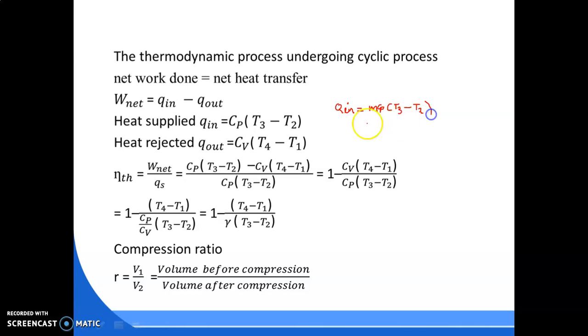Here we are calculating per unit mass. Because the mass should be the same throughout the process, dividing Q in by m gives small q in, with unit kilojoule per kg. If the mass is divided out, what is left? Cp into (T3 minus T2), that is the constant pressure heat addition.